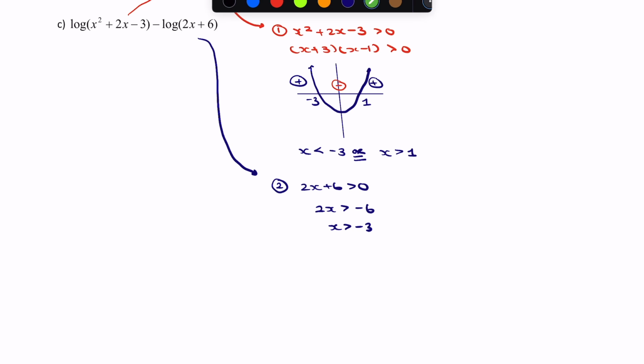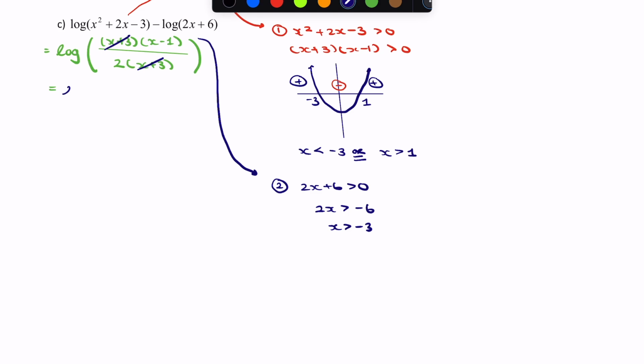Now let's simplify. Here we have log x plus 3, x minus 1 over, if we factor that out, we'll have 2 times x plus 3, and the x plus 3 will cancel out.